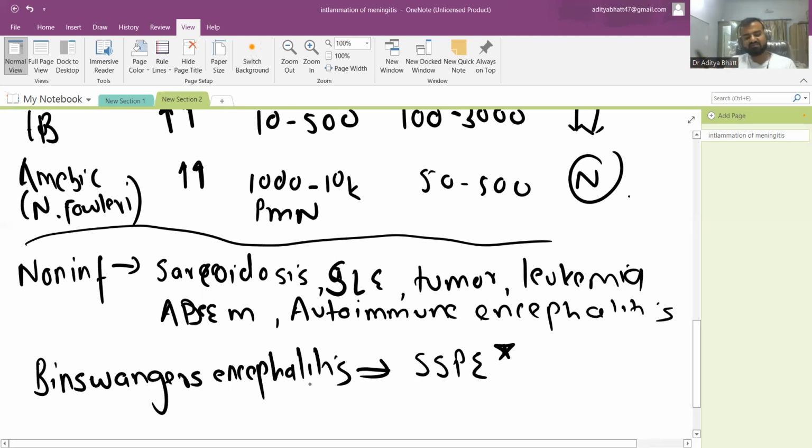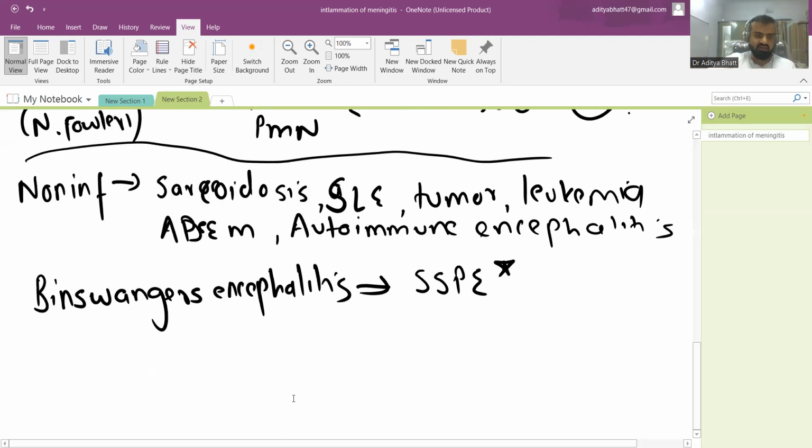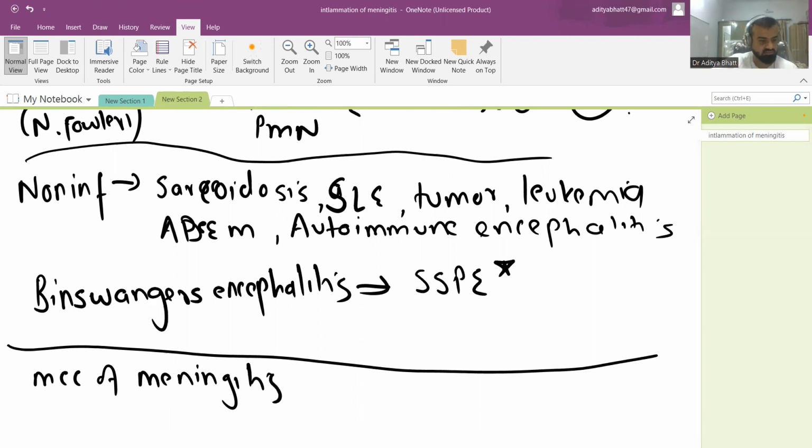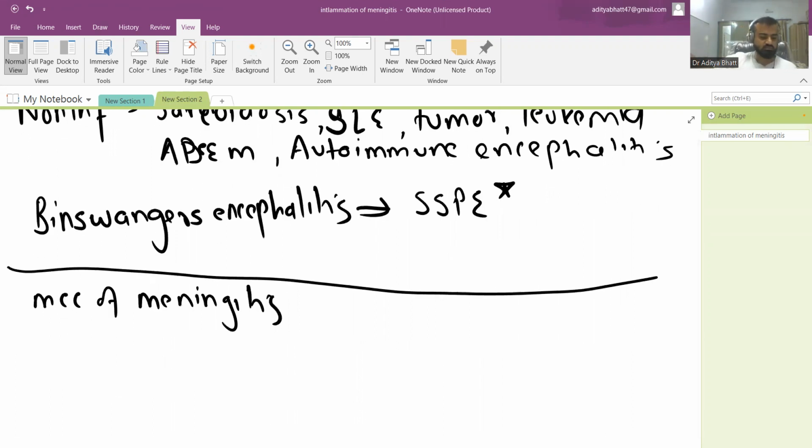Now, as we have seen what the pictures of meningitis usually are, you have to keep in mind what the most common causes are. So let's see the most common causes of meningitis.